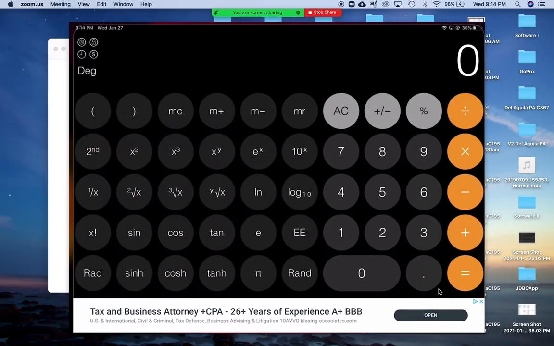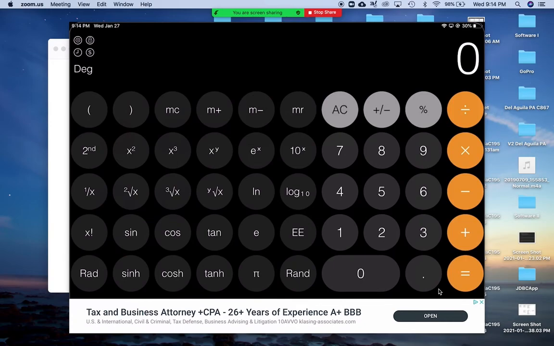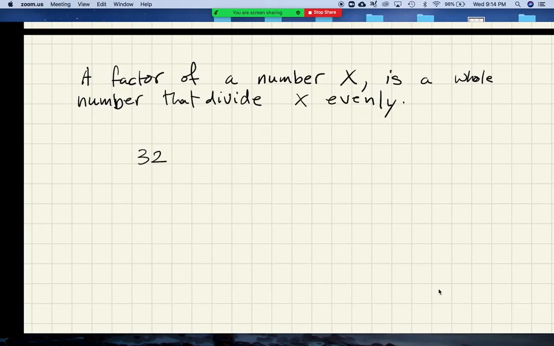So 32 divided by 2, that gives me a whole number. That means 2 is a factor of 32, because 2 divides x evenly.